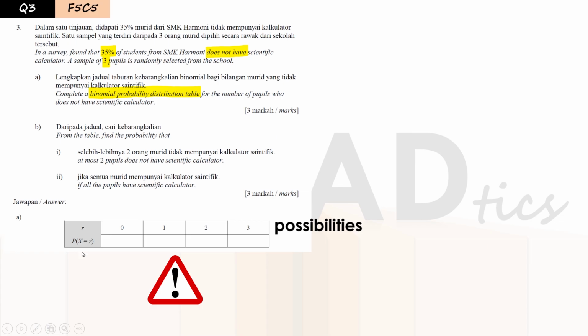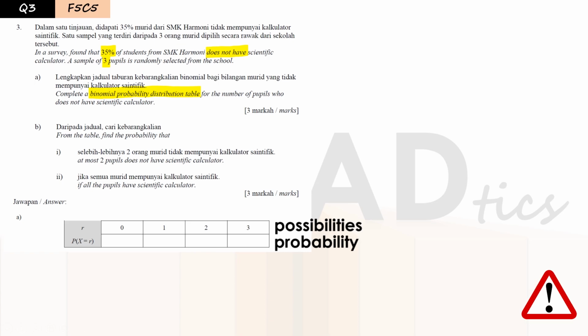For the second row, this one is the probability. For each of the possibilities, we need to figure out the probability. Before we solve any kind of binomial question, we need to ask ourselves this main question: which perspective are we using to solve the questions? What do I mean by perspective?